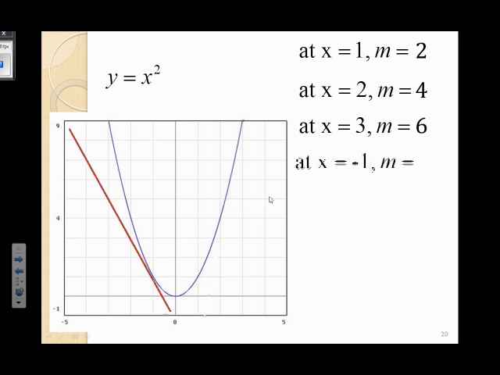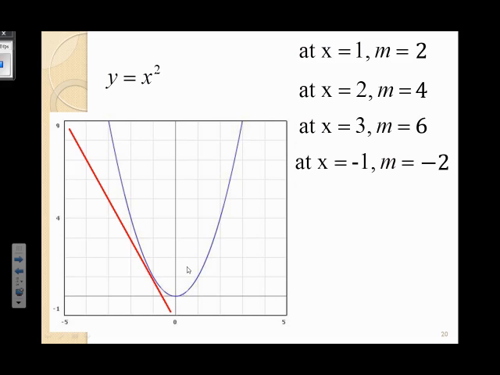Now, if we go on the other side of the parabola and do the same kind of thing, at x equals -1, the slope of the tangent line crosses closely here, and again, it's very close here. So the change in y is 2 over the change in x of 1. So the slope is going to be -2, because the slope is going down as you read it from left to right.